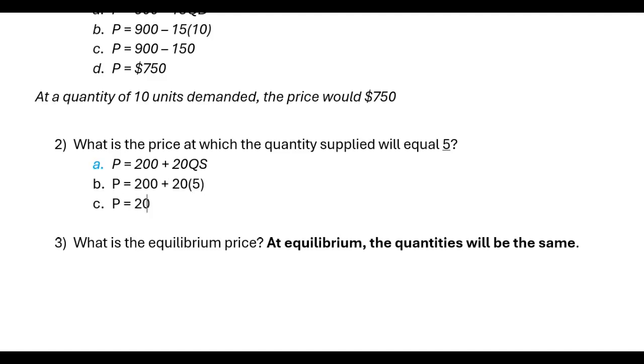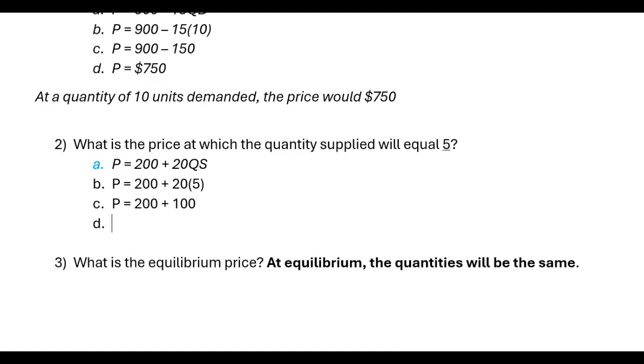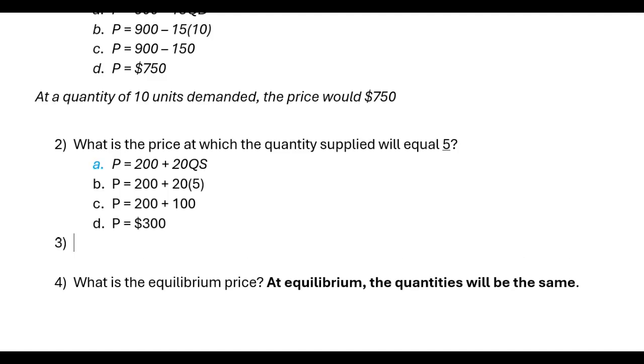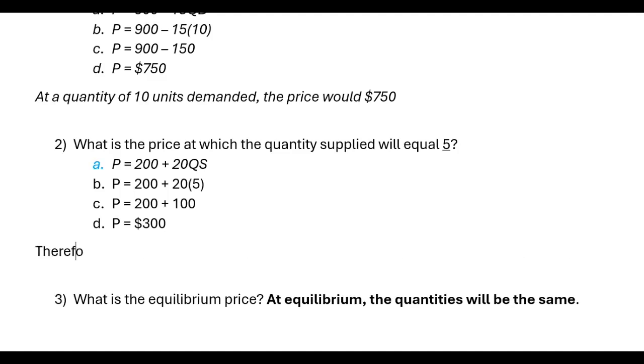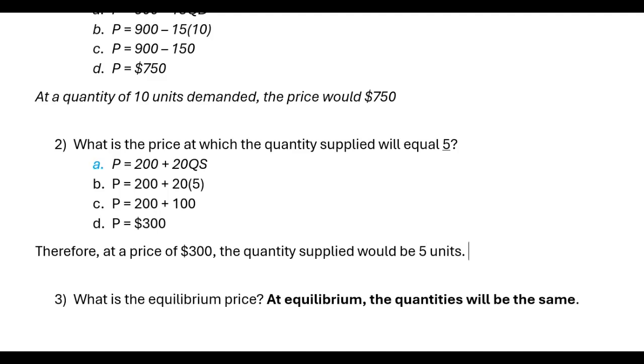So price is equal to 200 plus 20 times 5, which equals 100. Price equals 300. I'll put my little dollar sign there. So therefore, at a price of $300, the quantity supplied would be 5 units. I've just said it a little bit differently.